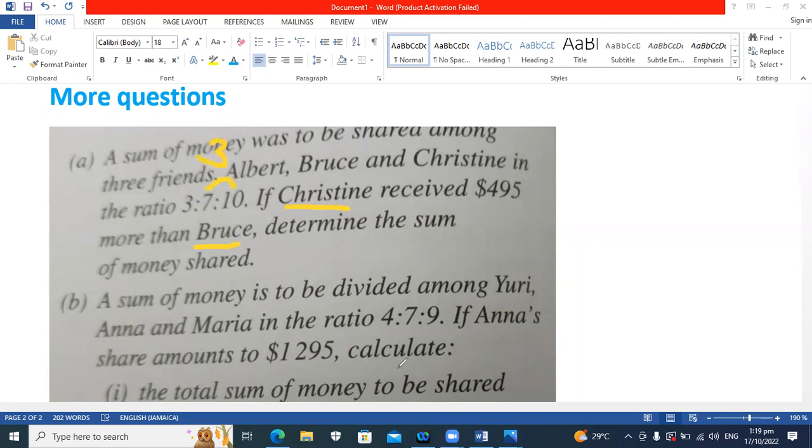All right. Hold on. Now, would you agree with me that since the difference between Bruce and Christine is 3, to get the value of 1 share, you're going to have to divide the 495 by this 3?